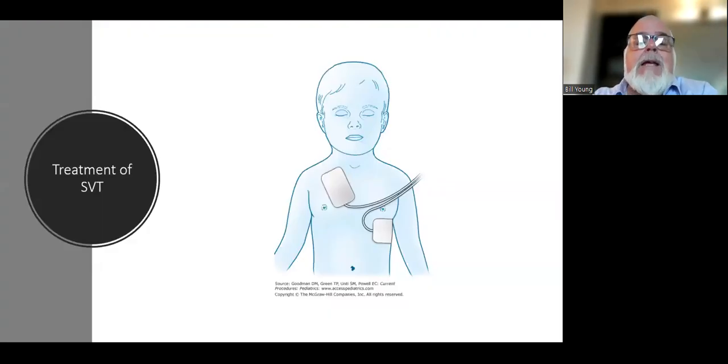Now, in children, the first dose is 1/2 to 1 joule per kilogram. Again, this comes into play as to showing that size does matter. Now, we can double this up to 2 joules if we move on into subsequent attempts.